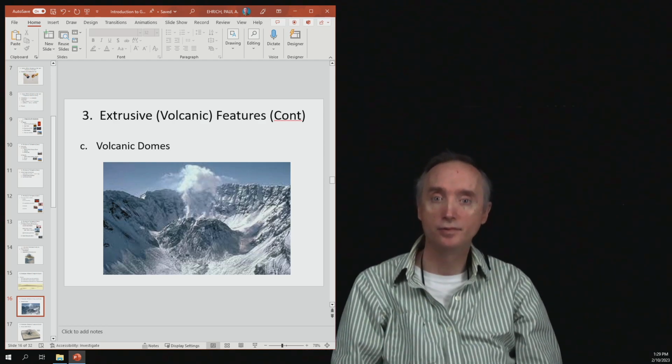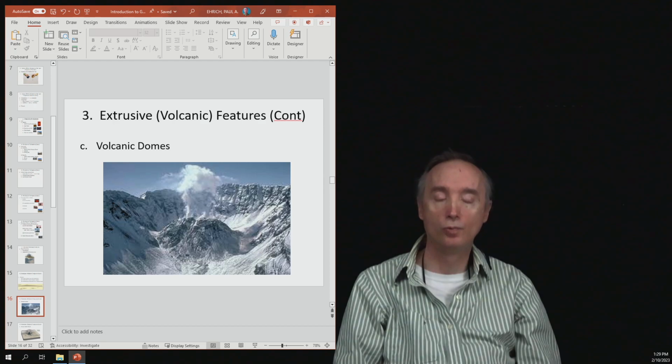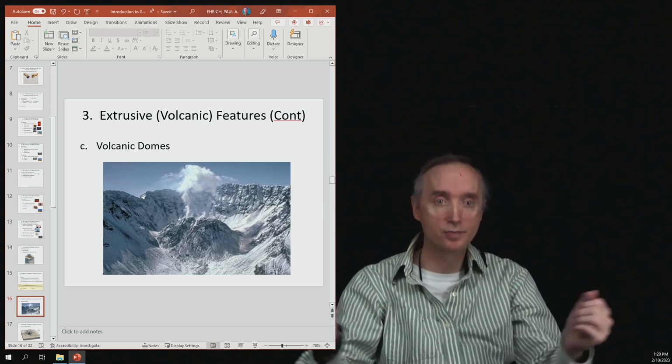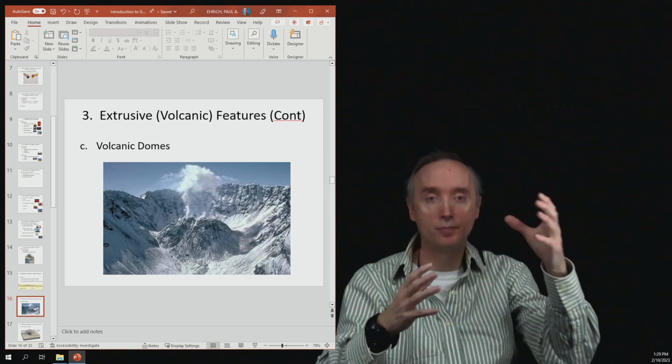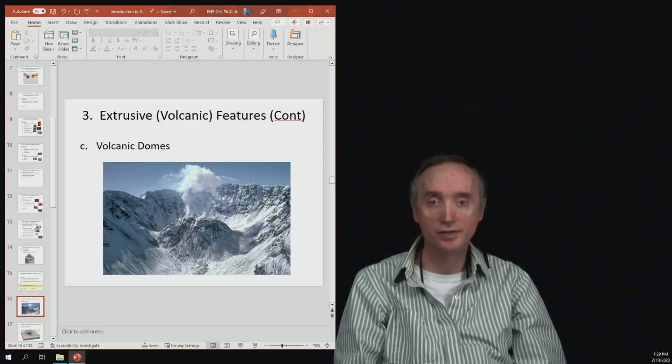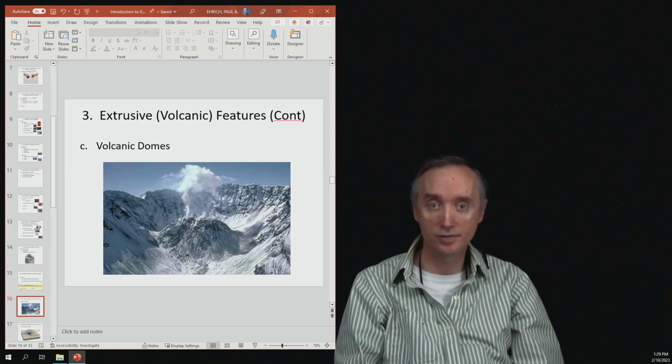Okay, another thing that you can have is a volcanic dome. So when a stratovolcano erupts and it shoots out all of its material, the pipe that is supplying the material to the volcano tends to get clogged up because the lava is very viscous.